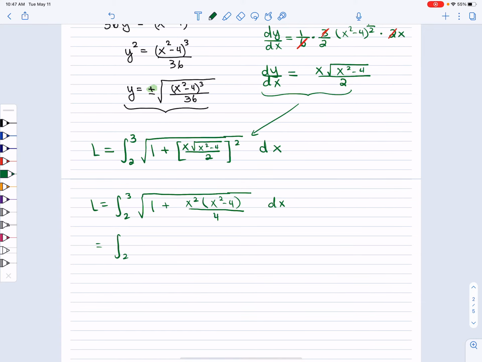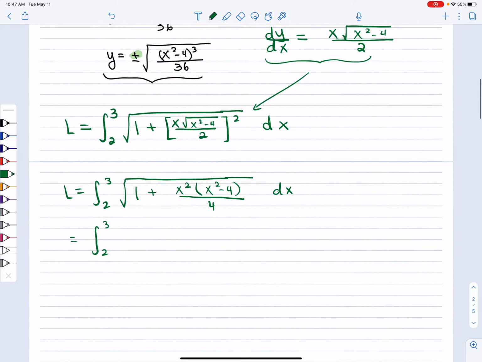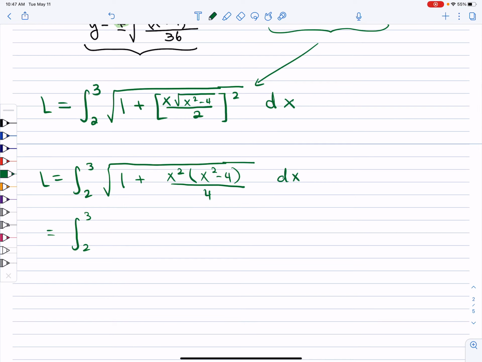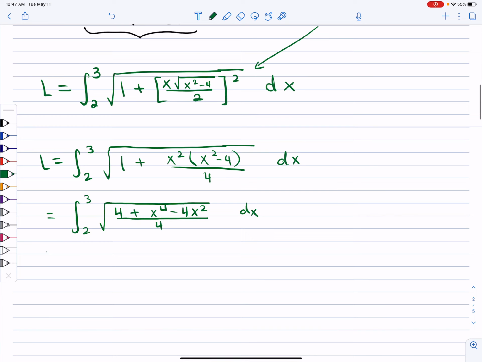This is equal to the integral from 2 to 3 of the square root of (4 plus x to the 4th minus 4x squared) all over 4 dx, which is equal to 1/2 because we are taking the square root of 4 in the denominator, which gives us 2 in the denominator, and then we have the integral from 2 to 3.